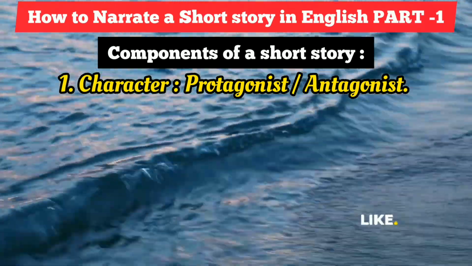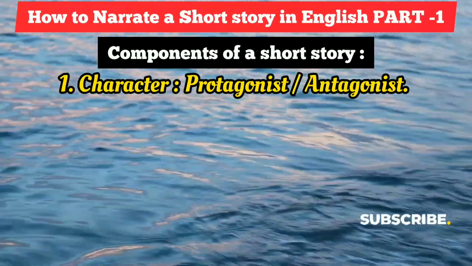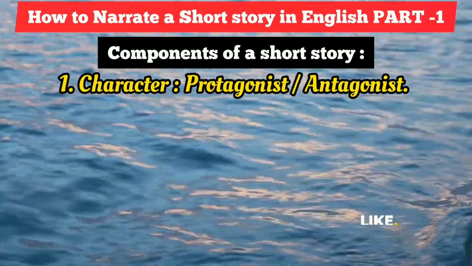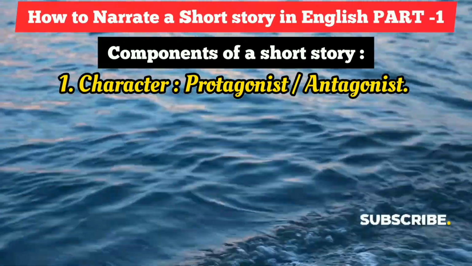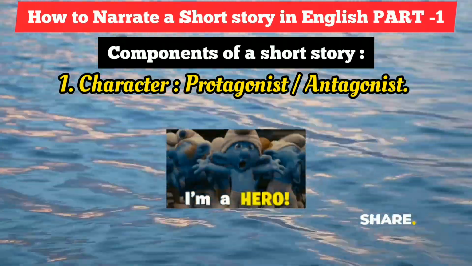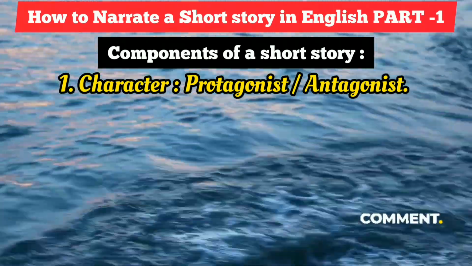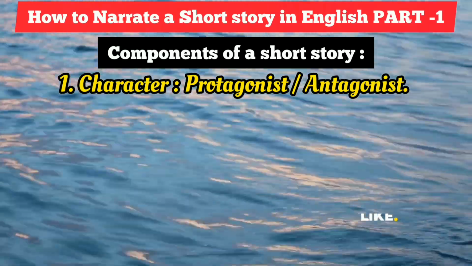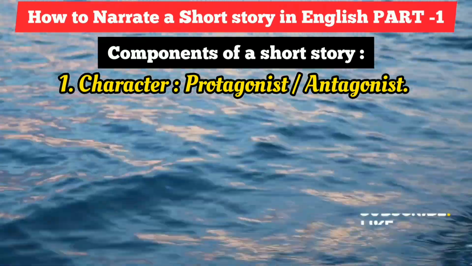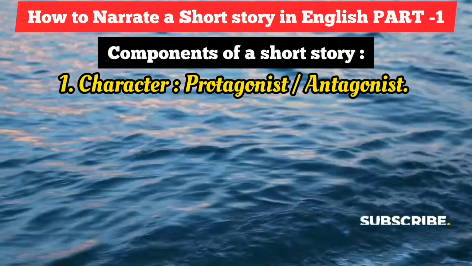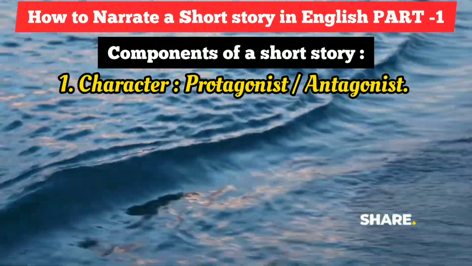You can introduce your characters, and primarily the main character of the story is called a protagonist, as you see on your screen. Around that character the entire story and the other characters revolve. And you can have an antagonist also. Antagonist means just the opposite.